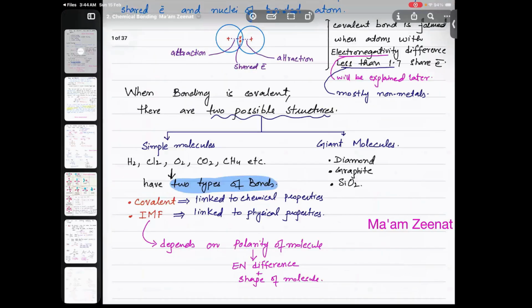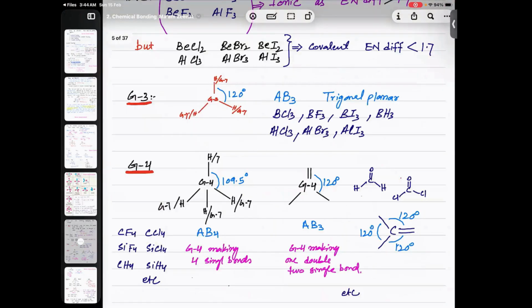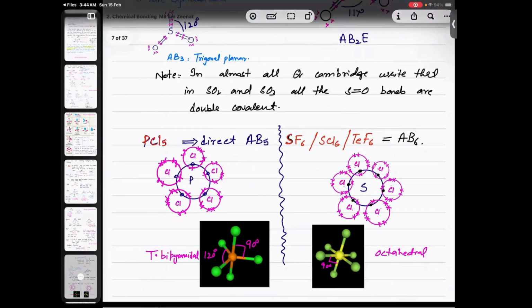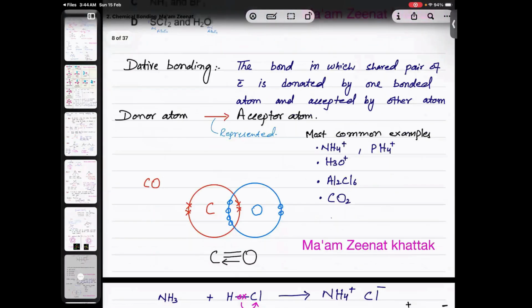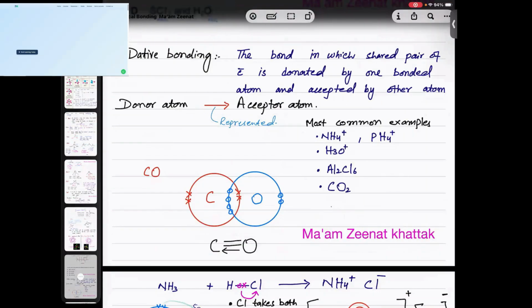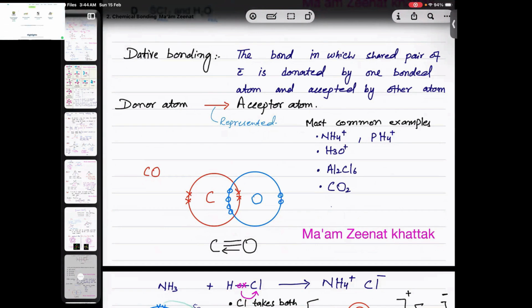These are the notes. This is the topic that we are doing. These notes are available on my website, Chemistry by Zeenat. See, what is a dative bond? The bond in which the shared pair of electrons is donated by one bonded atom and accepted by the other bonded atom.